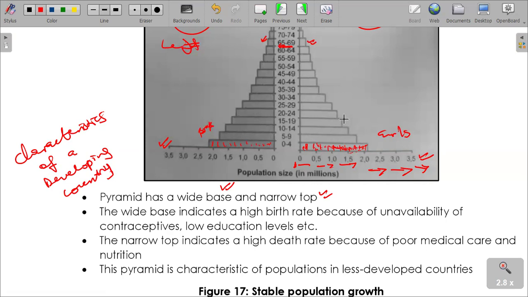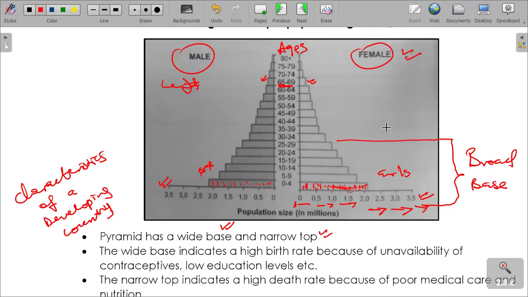As we can see in this population distribution, from the age of 25 down to the youngest ages, we are saying there is a broad base. And then as we go up, you see the top is narrow.